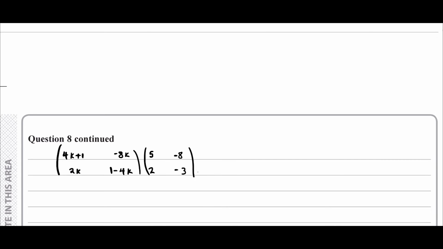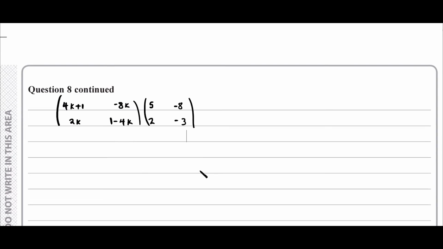And our next step is quite straightforward. We just have to multiply these together. We have 4k plus 1 lots of 5, plus minus 8k lots of 2.